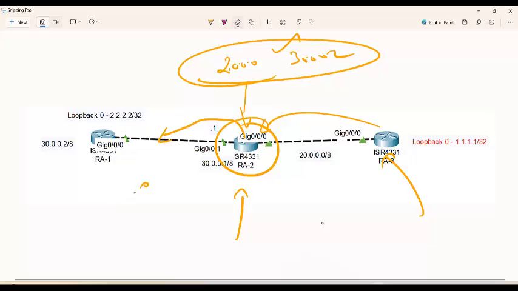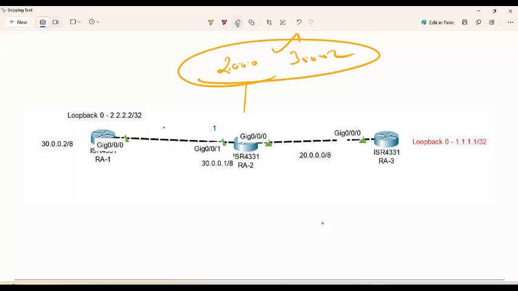Or in a busy schedule, when you change your IP address to 30.0.0.10, actual IP address is 30.0.0.2, but after 6 months you change it to 10 for some reason, and you forgot that we have a static route here.